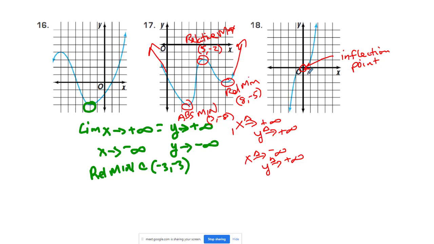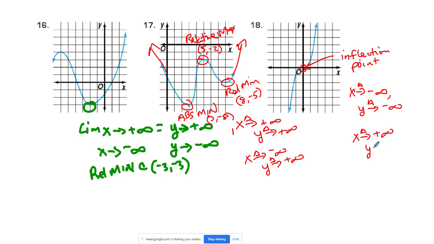Now, as x goes more and more negative, we see that y goes more and more negative. So in the limit as x goes to negative infinity, y goes to negative infinity. As x goes to positive infinity, which means heading this way, y is going towards positive infinity.